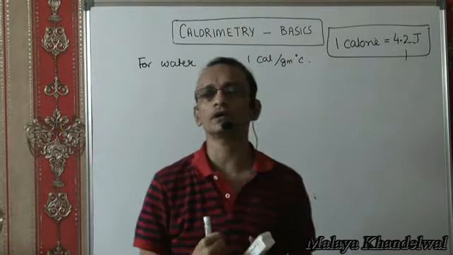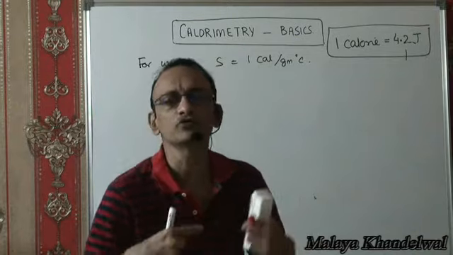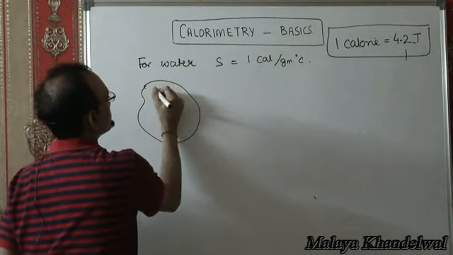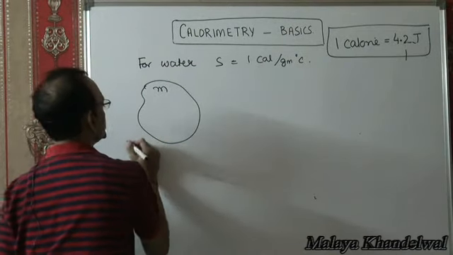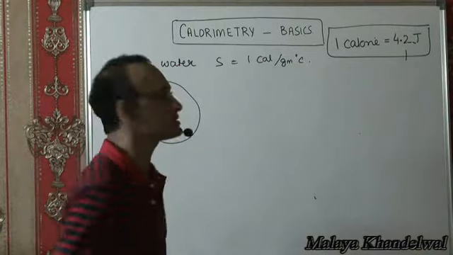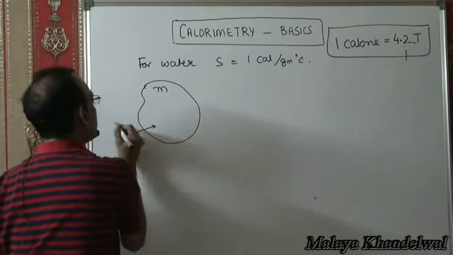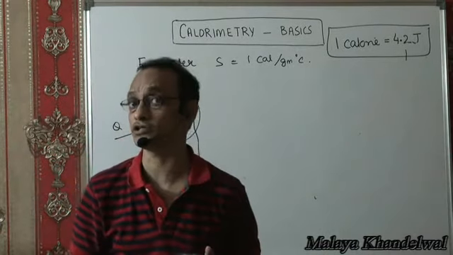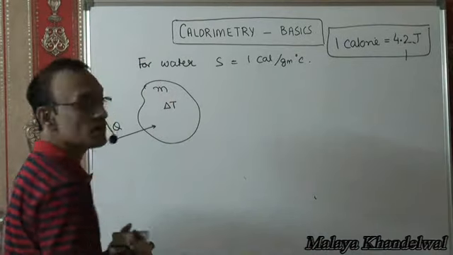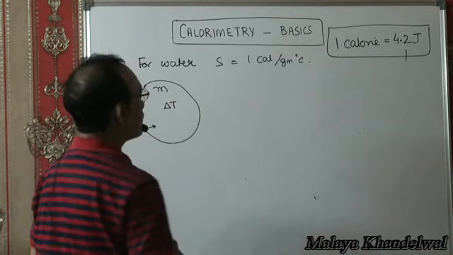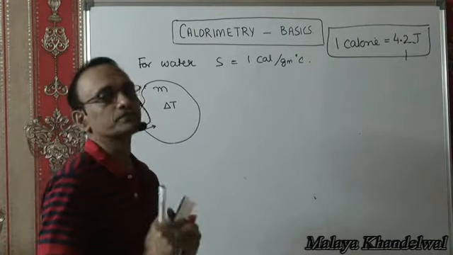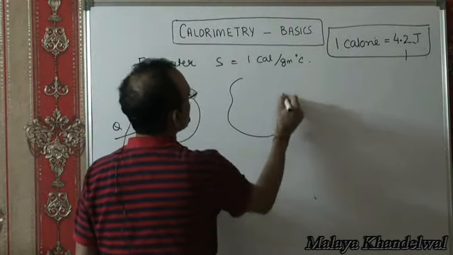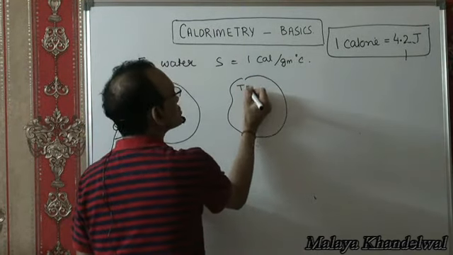Now, having said this, let me also tell you what happens. First of all, when you keep supplying heat to a substance, its realization takes place in terms of change of temperature. But after a while, the temperature becomes constant.